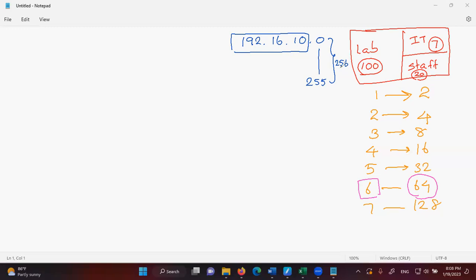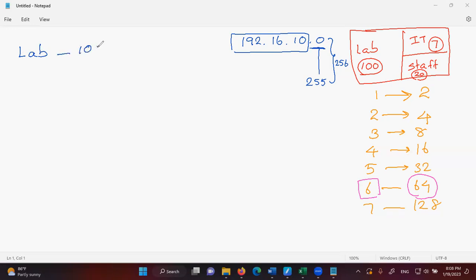So here what we want to do is divide this IP block into 3 subnets. We need to split it into 3 subnetworks. This is the only part we can change. Now let's take the lab first. For the lab there are 100 computers.